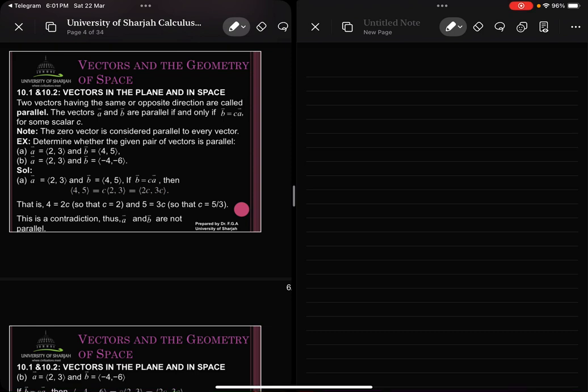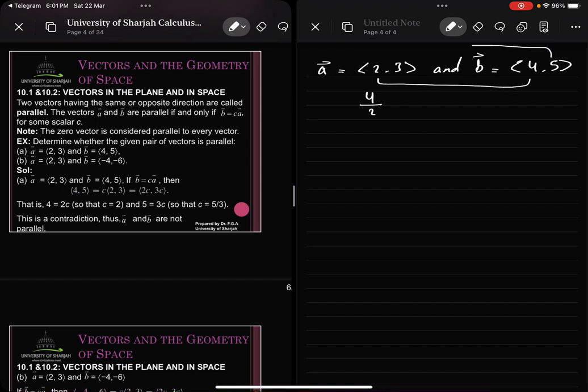Let's take example A. If we have A as 2, 3, and B as 4, 5. To know if they are parallel or not, you can divide 4 over 2. So it is like dividing the x component by the x component and the y component by the y component.